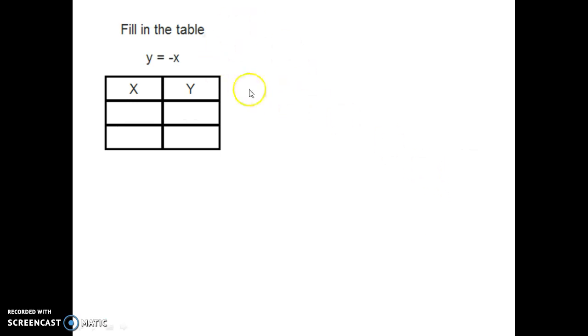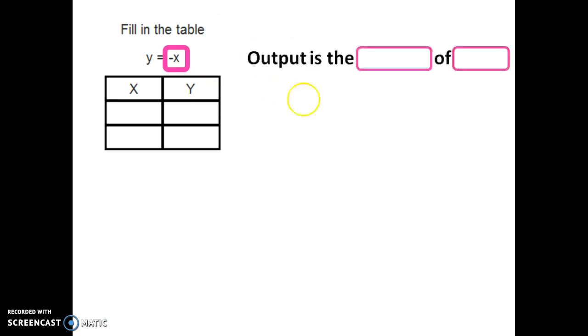Now we're going to fill in this table, y equals negative x. We just have negative x here, so this means that our output is the opposite of our input. If we choose 0 as our input, we're going to get 0 as our output because we don't have a negative 0, so it's just 0.